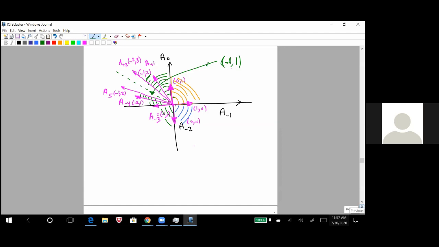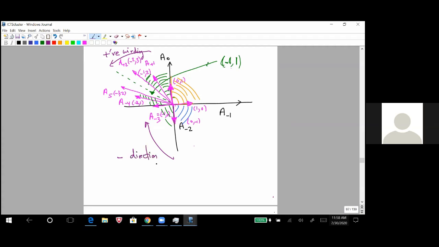Now this direction minus 1, 1 has a very beautiful interpretation. Notice that the variables on the top are winding more and more in the positive direction, so they're positive winding. The ones down here are winding more and more in the negative direction.